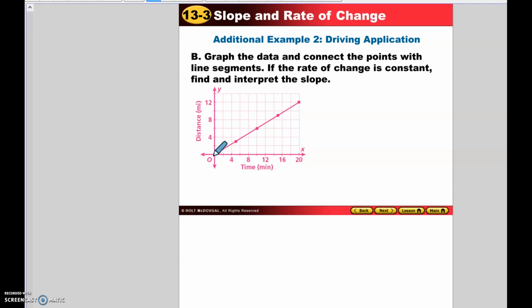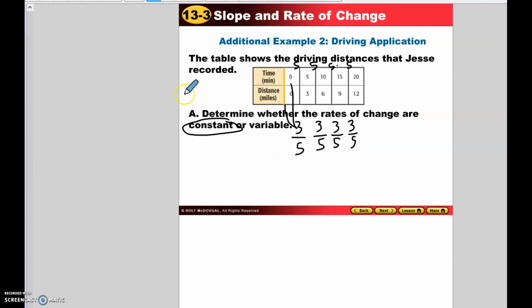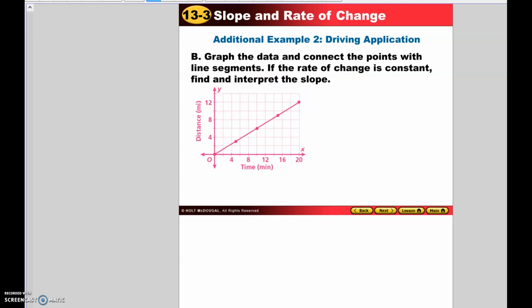And then they have the point 5, 5, which is right here. Then they have 9, 6. And then they have 15, 9, and 20, 12. So they're just plotting the points from this table, and then if you connect the dots, you could see that it's straight. Okay?